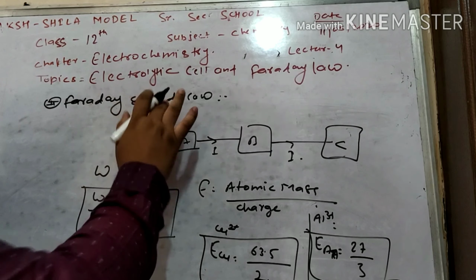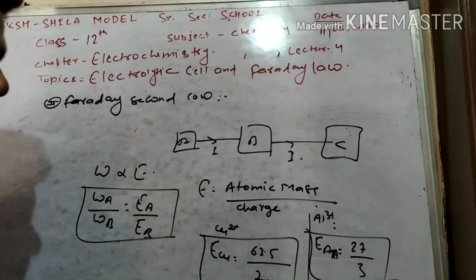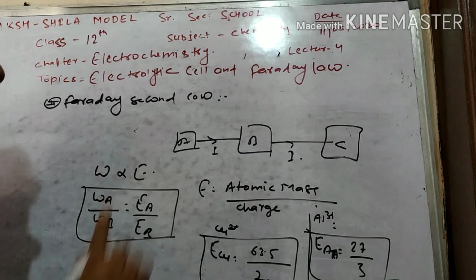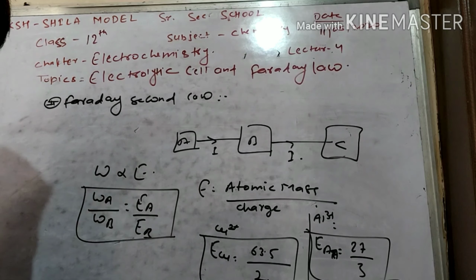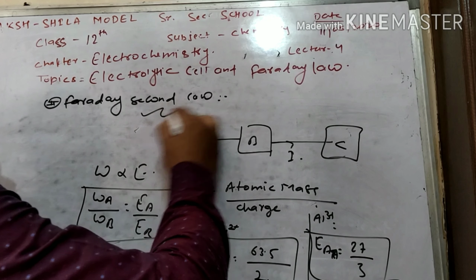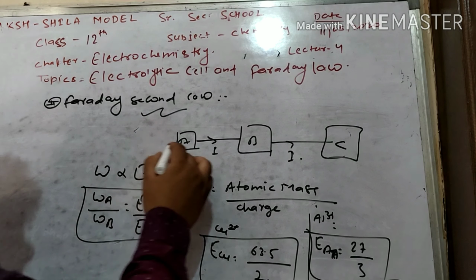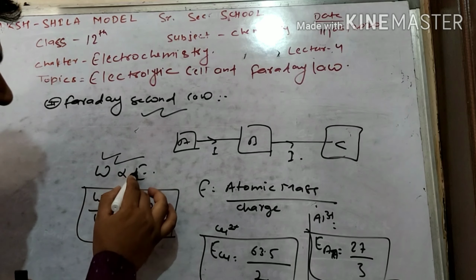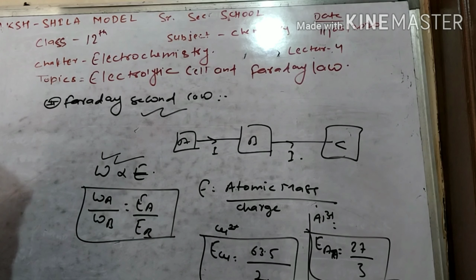तो ये जनरली होता है first and second law. First law generally says that the amount of substance deposited or liberated at any electrode is directly proportional to the charge flowing through the circuit. And second law generally says that when two or more cells are connected in series, the mass of substance deposited or liberated at any electrode is directly proportional to their equivalent weight.